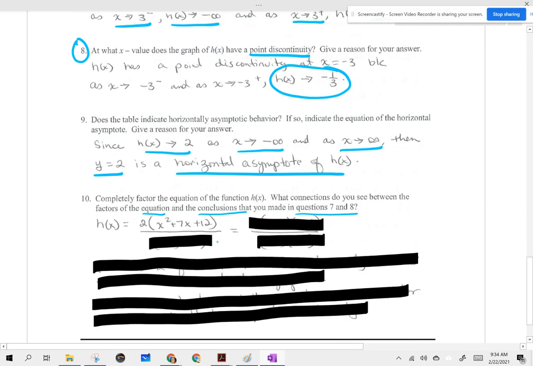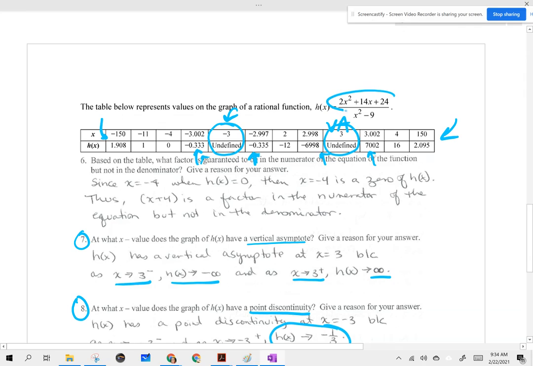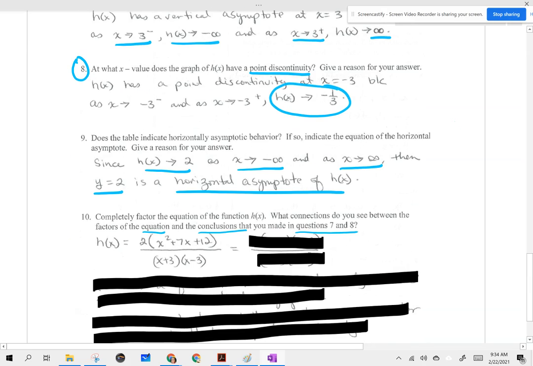So we can start off by factored form here because we're factoring out the original h of x. H of x was given to us. So we're going to factor out the 2 and then take this x plus 3, x minus 3. And then what we're going to do there is further factor. So this is completely factored form.